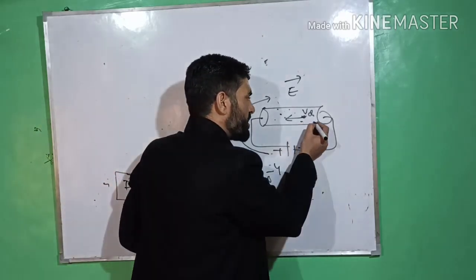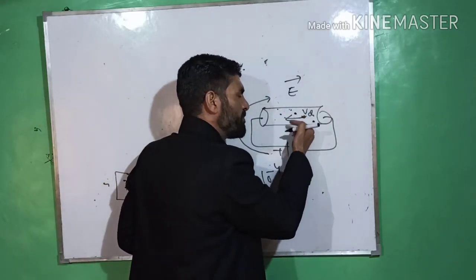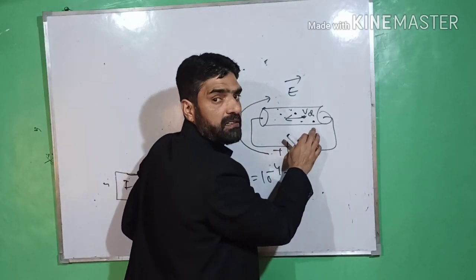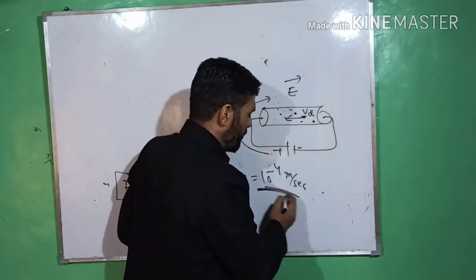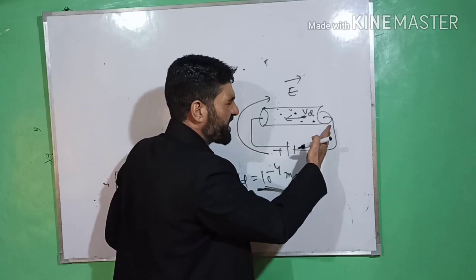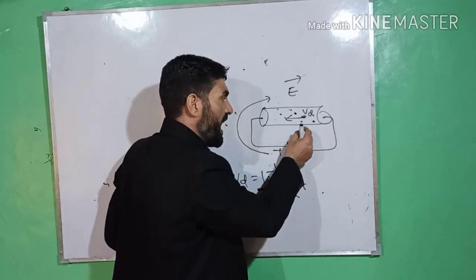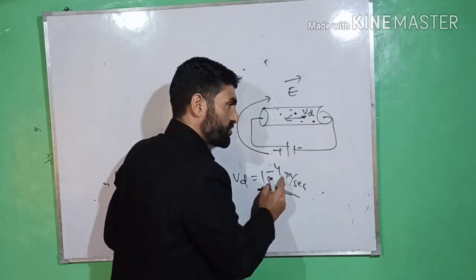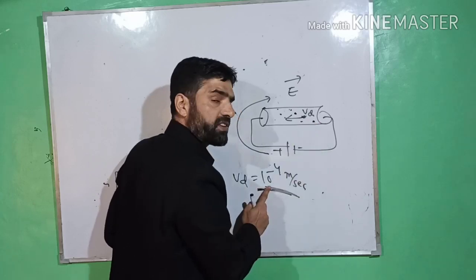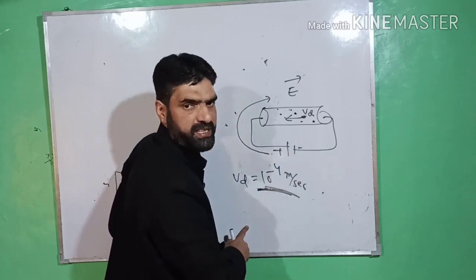Here these electrons are localized, they don't go from this end to that end, actually they move about their mean positions, about their local positions, with a speed of 10 raised to power minus 4 meter per second.